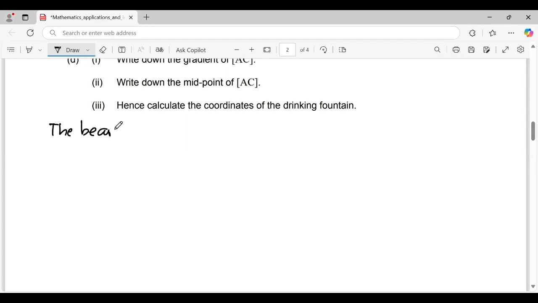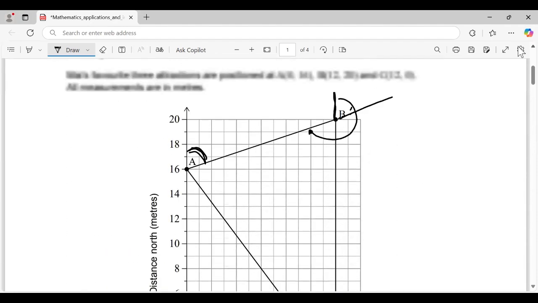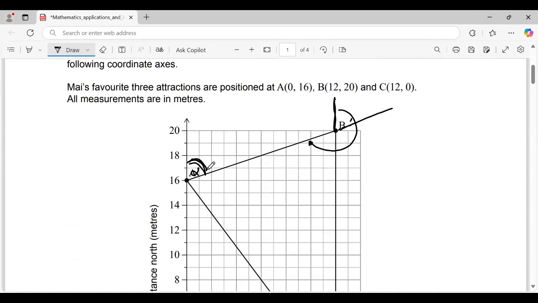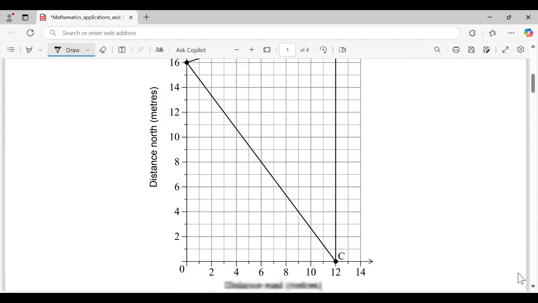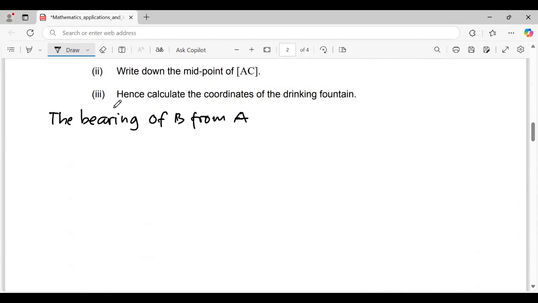You need to look at the triangle first. If this angle is alpha, and this side is 4 and this side is 12, then tangent alpha is 12 over 4.